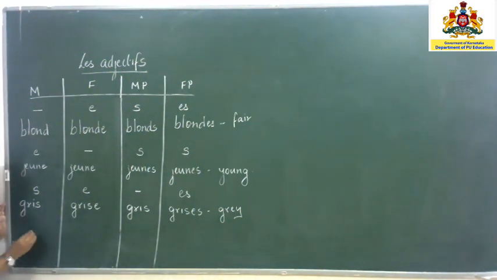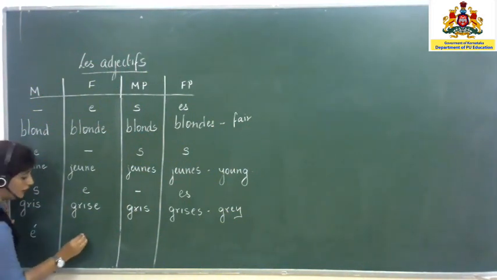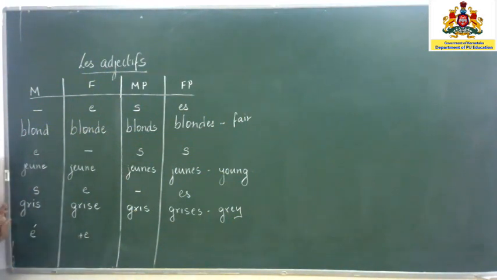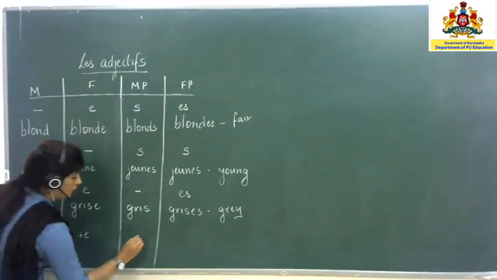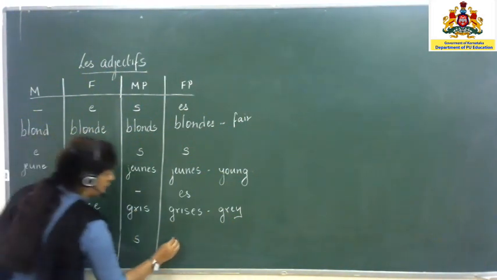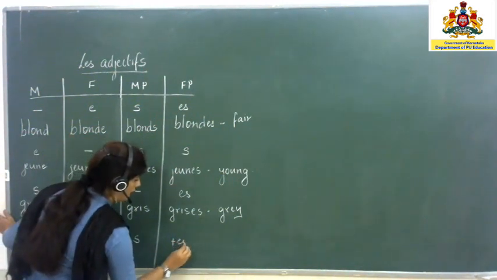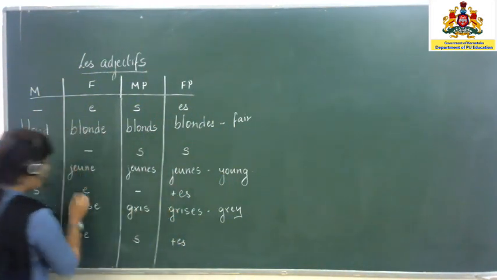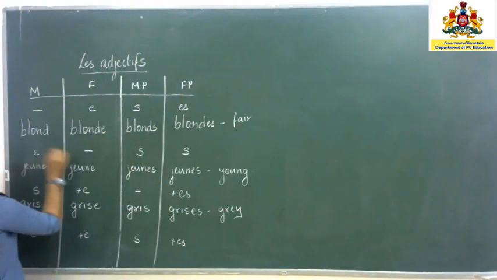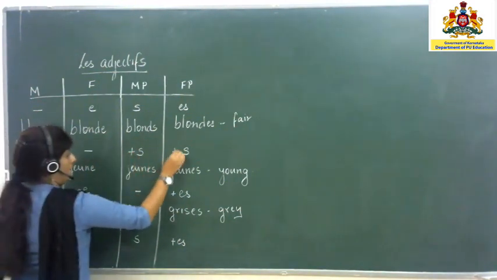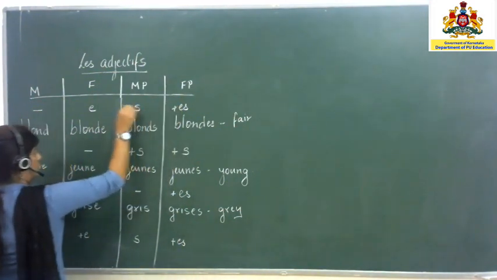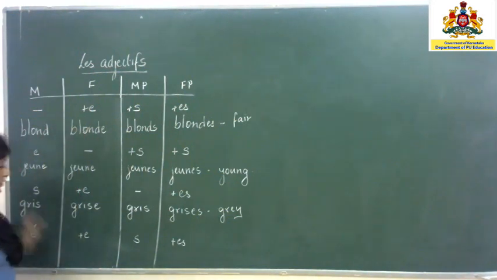Now moving on to slightly different ones. If the masculine ends with an E with an accent, the feminine will take another E. The masculine plural will only take an S. The feminine plural will take an E and an S. Clear? So it's a plus sign, you're adding.